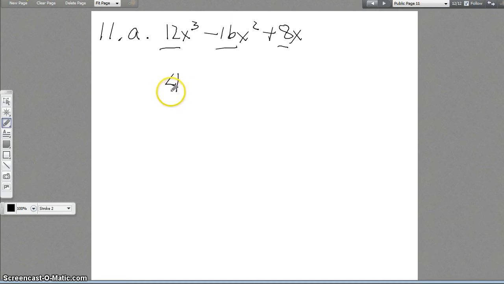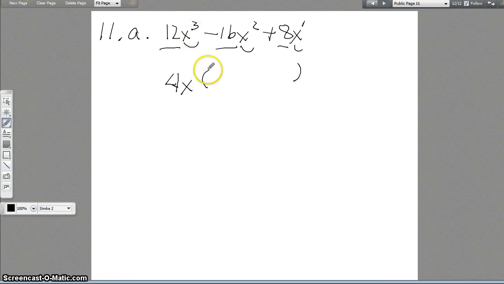Every term has some degree of x in it, so there is going to be an x here. What power is it going to have? We have an x to the third power, an x to the second power, and an x to the first power. We grab the lowest degree of x that we have, which is x to the first power, so 4x is our greatest common term. Sorry, our greatest common factor.